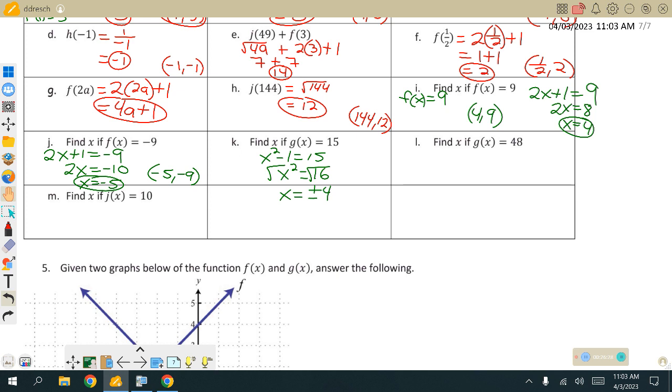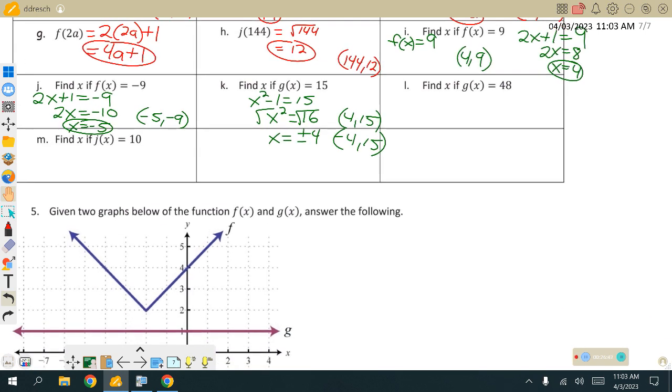And what you do then is you don't create one ordered pair, you create two. The reason why you're creating 2 ordered pairs here is with that graph as well, it's a U-shaped graph, right? So on that U-shaped graph, negative 4 comma 15 and 4 comma 15, go back to what we also talked about at some point this school year with symmetry.